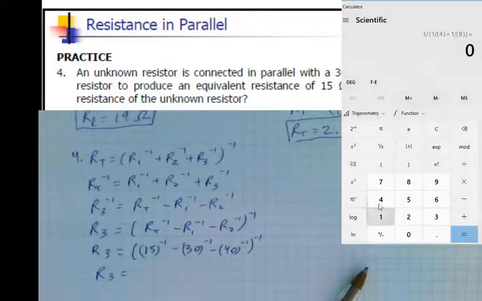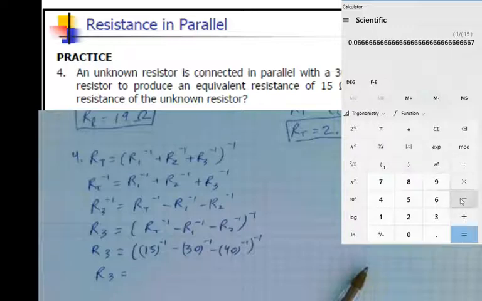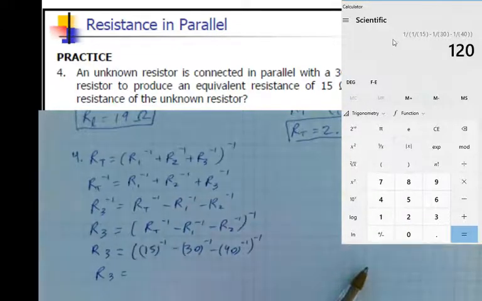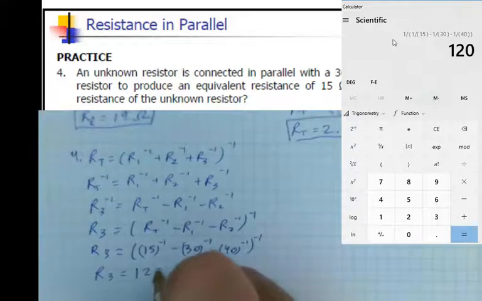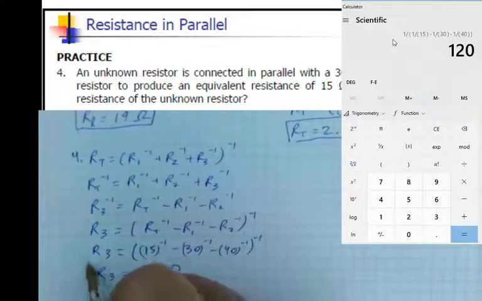So we have bracket 15 reciprocated minus 30 reciprocated minus 40 reciprocated, close the bracket, reciprocate our solution, and we have 120. So R3 is equal to 120 ohms.